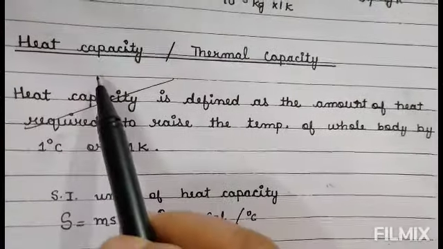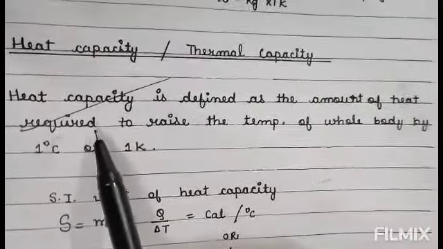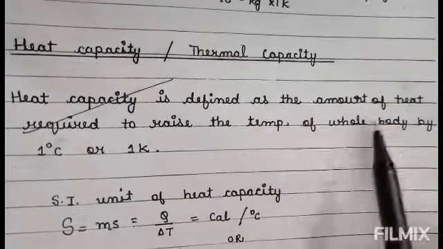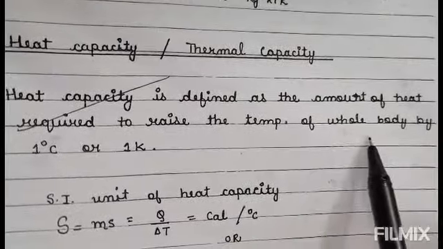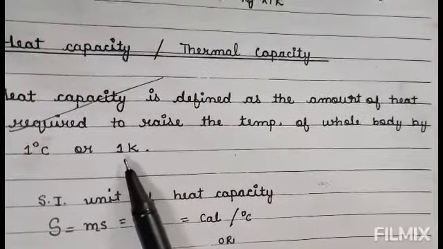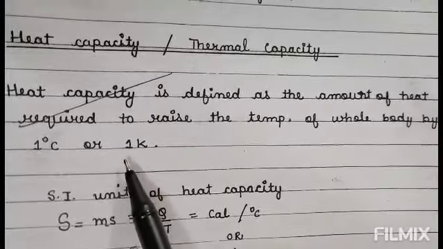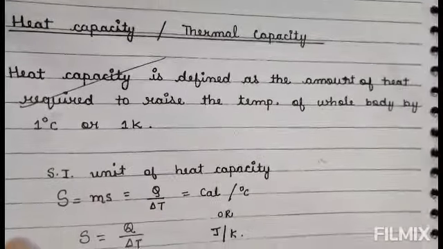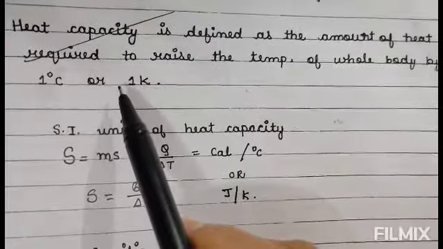Heat capacity or thermal capacity. Heat capacity is defined as the amount of heat required to raise the temperature of the whole body by 1 degree Celsius or by 1 Kelvin, or simply by 1 unit. So heat capacity is different from specific heat.